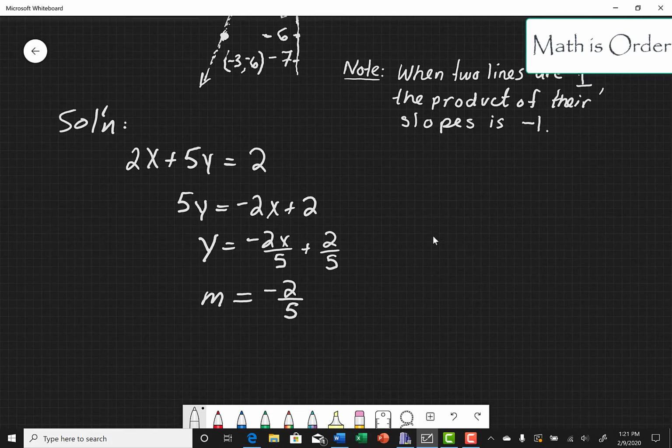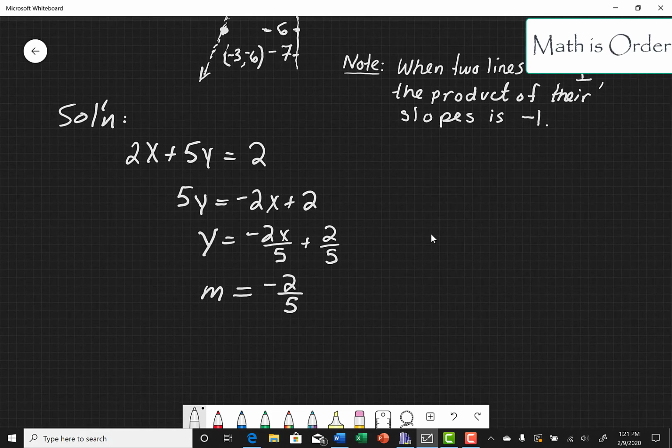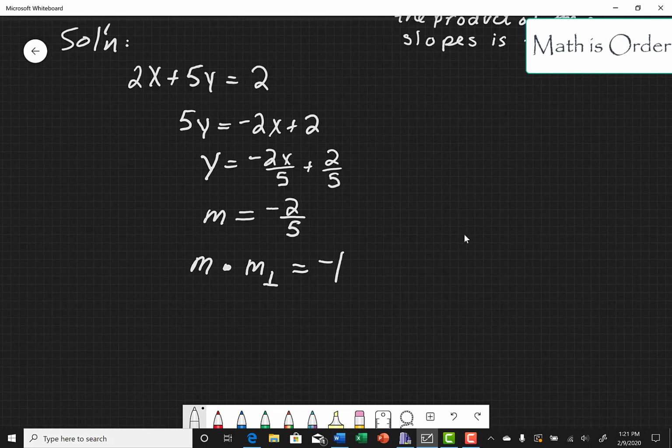All right, and therefore we know that the slope multiplied by the slope of a line that's perpendicular to that line is -1. So the question is, what must the slope be of the line perpendicular to that given line?